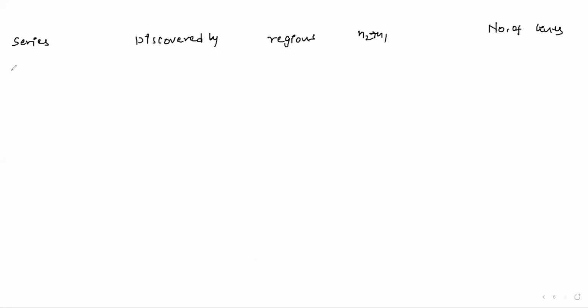The first series is the Lyman series, discovered by the scientist Lyman, and this is the UV region. Write it fast, we don't have time. Here n2 can be 2, 3, 4, etc., and n1 is 1 only.